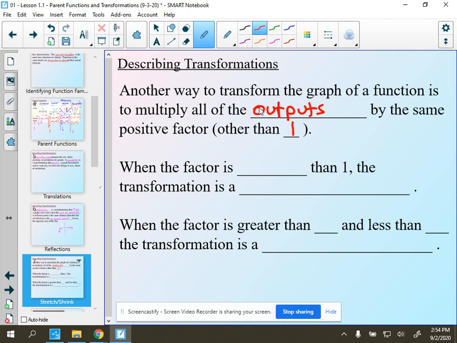When the factor that we multiply by is greater than 1, the transformation is called a vertical stretch.